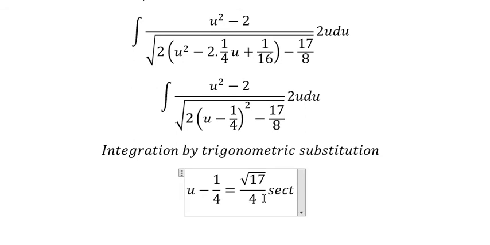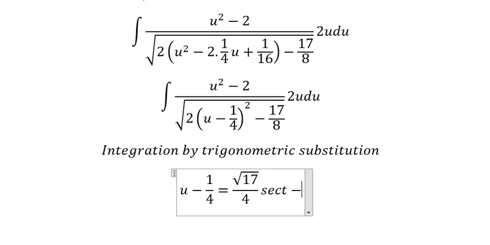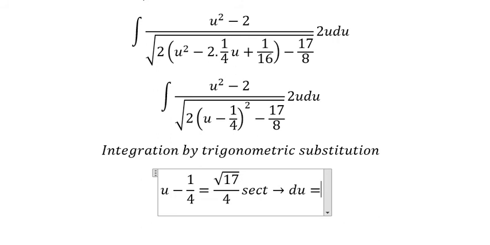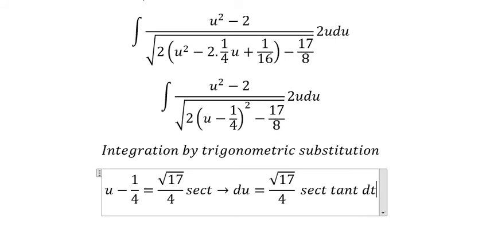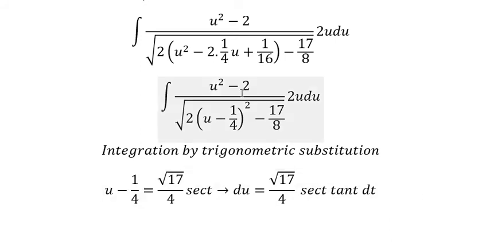Later that we do first the derivative for both sides. Because we still have u and u in here, so we put negative 1 over 4 on the right.